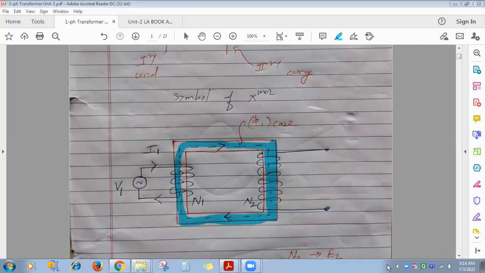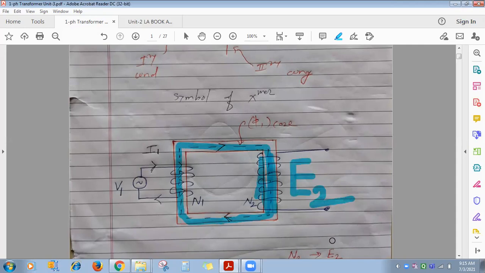यहाँ पे कहाँ पे EMF induced होगा? In the N2 side, on the N2 side. Correct. Very good. In the second coil. Correct. In the secondary winding. See here. This is the changing flux. It is coming in contact with N2 number of turns. So as per Faraday's law of electromagnetic induction, EMF gets induced in N2 number of turns, and that is marked as E2.